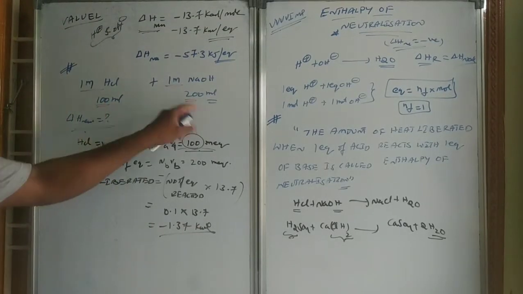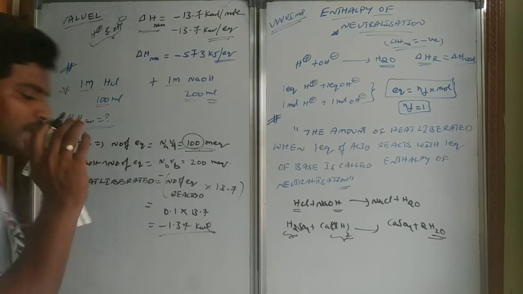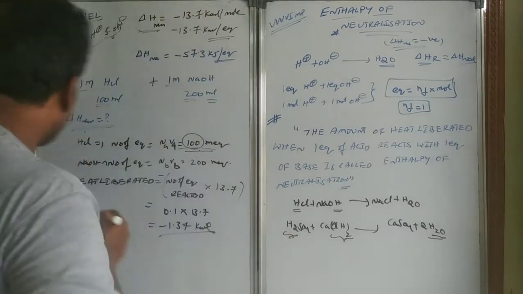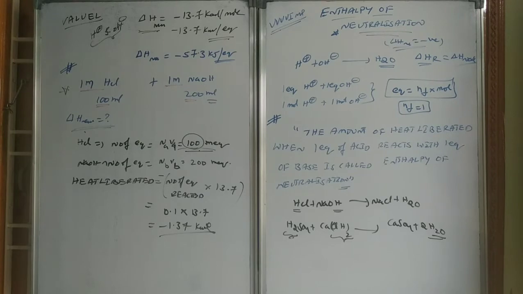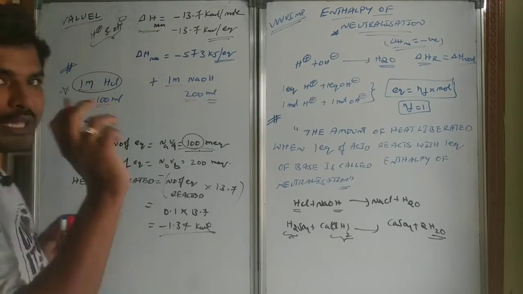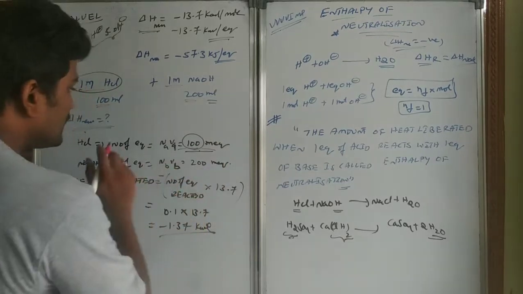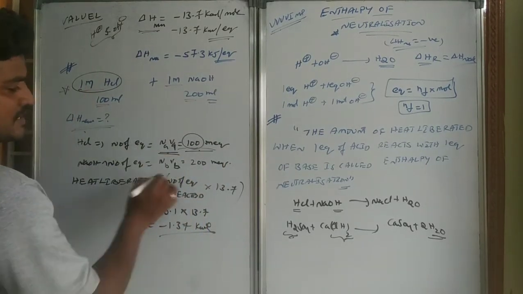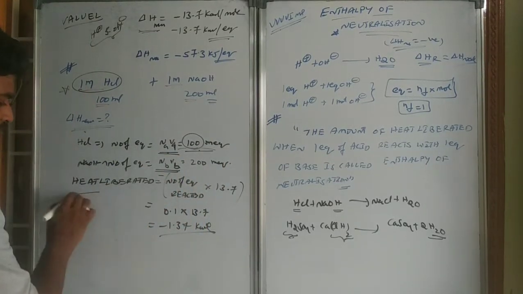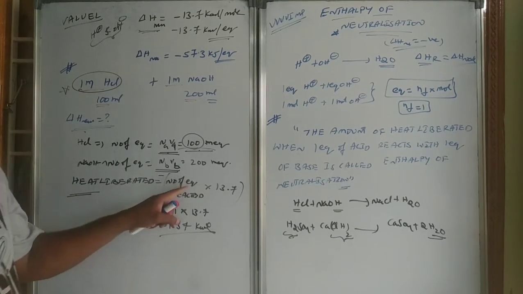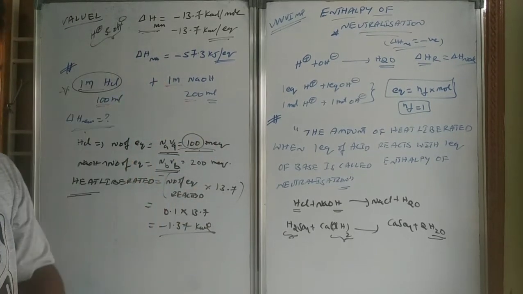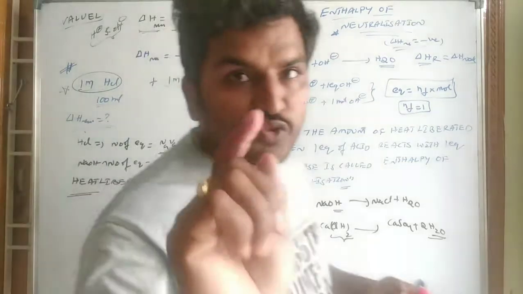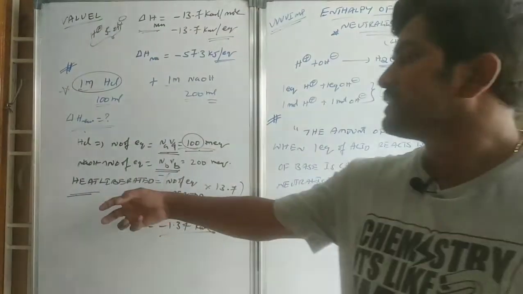This is a very important model. Whenever a certain quantity of acid and a certain quantity of base react with one another, whichever is the lower value, that only we have to take. So the number of equivalents is NaVa, NbVb, and finally the heat liberated is the number of equivalents reacted into 13.7. This is one kind of model for asking the question.